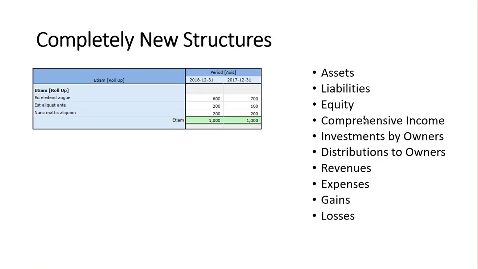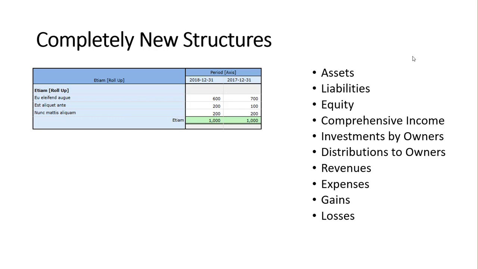Another thing that you can do is you can create a completely new structure. So here I used ipsum lorem text to make up some gibberish concepts, so there's no way that anyone could misinterpret and say that, oh yes, these exist. They don't exist.